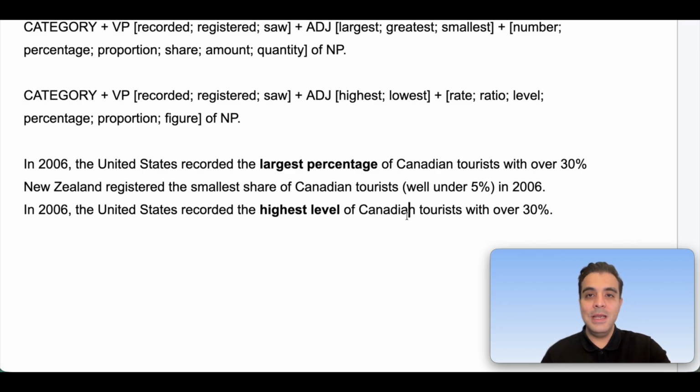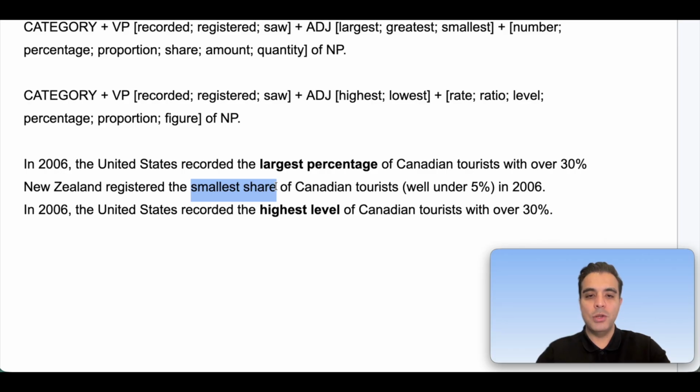But as you can see, the combinatorial effect that we have here allows you to use a very wide range of possible collocations, really boosting your grammatical and lexical range. Let's do the same thing this time for the one with the smallest number, right?